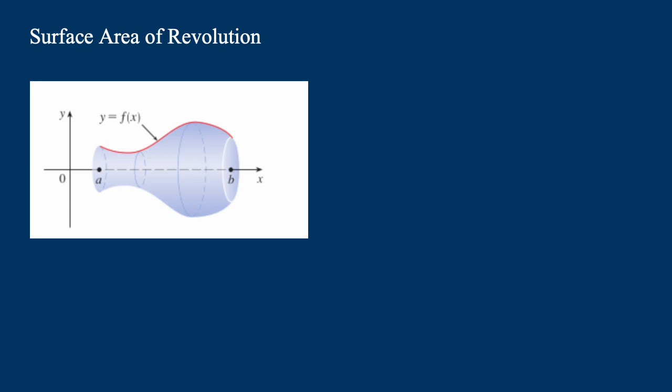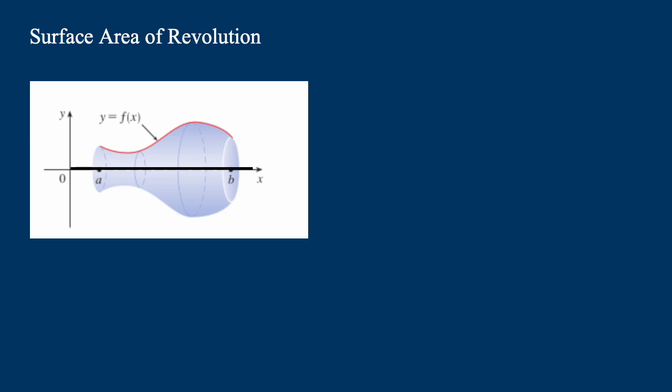Now, let's extend the idea of arc length to the surface. If we take a curve and rotate it around the x-axis, it creates a solid of revolution like the one shown here, guys. But the outside of this solid, we call the surface.